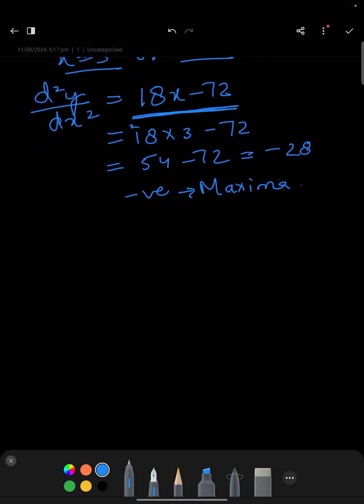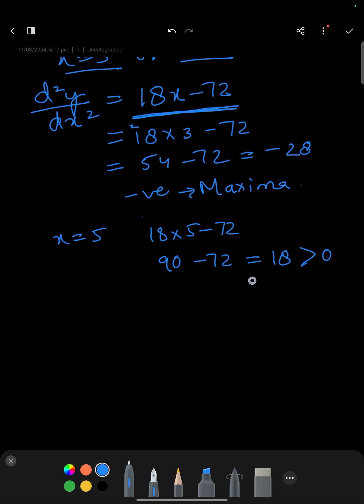And secondly, if we substitute the value x is equal to 5 in the equation, 18 into 5 minus 72, it will be 90 minus 72. So this comes out to be 18, which is greater than 0.